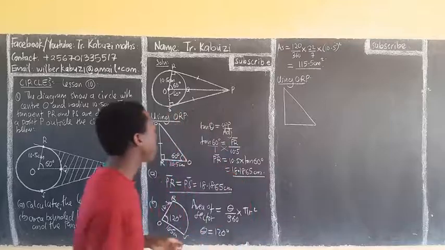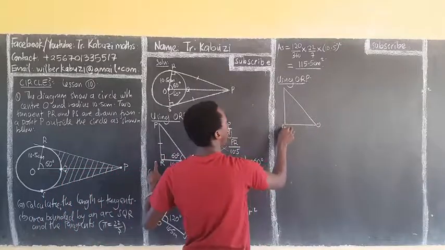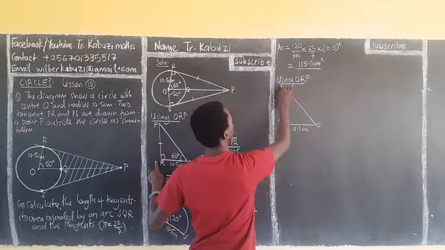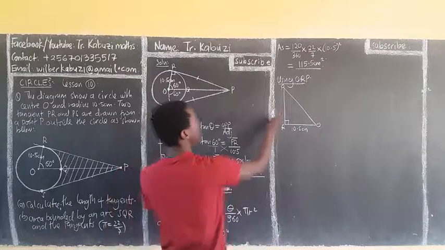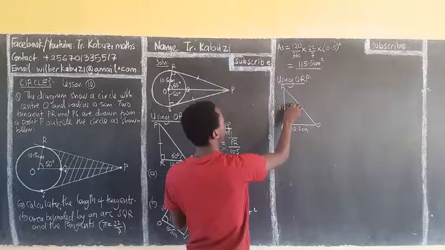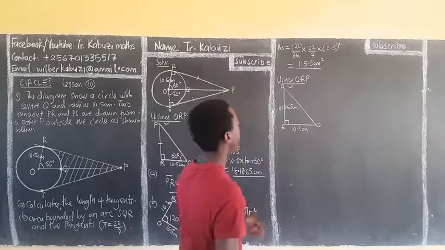OR is at right angle to the triangle, at R. And we got PR, which was 18.1865 centimeters. Now I can get the area of this one.